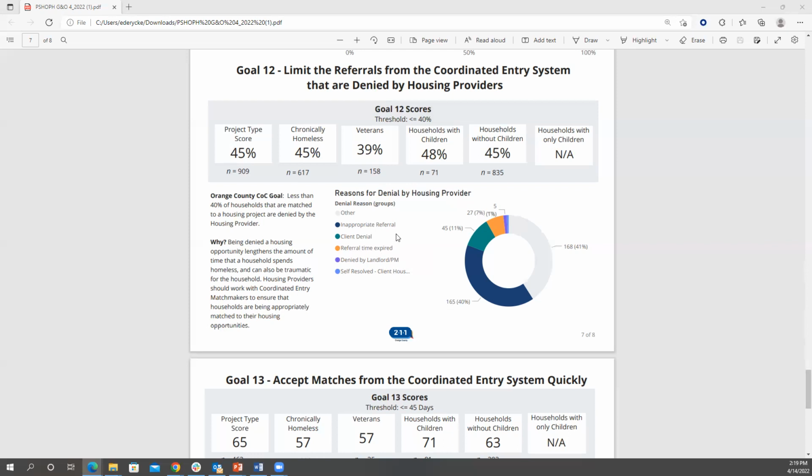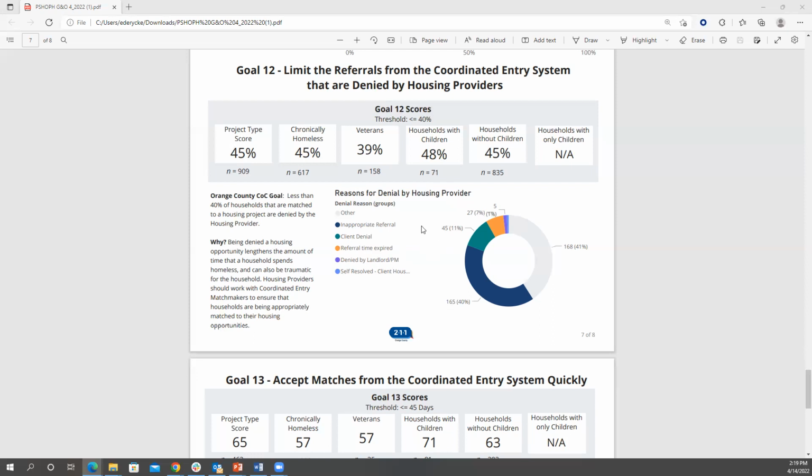The way the data is collected in HMIS, when a household is denied a referral, the user has to enter if it was denied by the housing provider or by the client. The user will select housing provider or client, and then they have to select the reason for the denial. So that's this information.